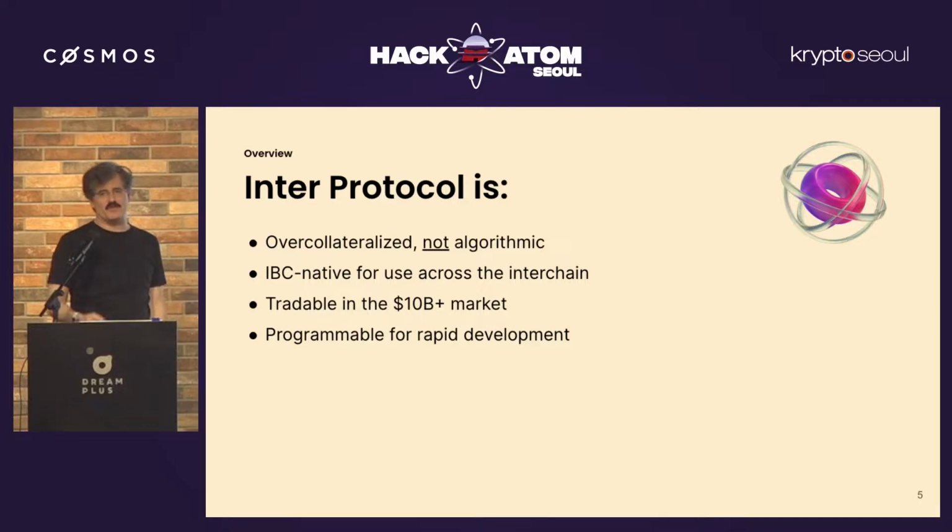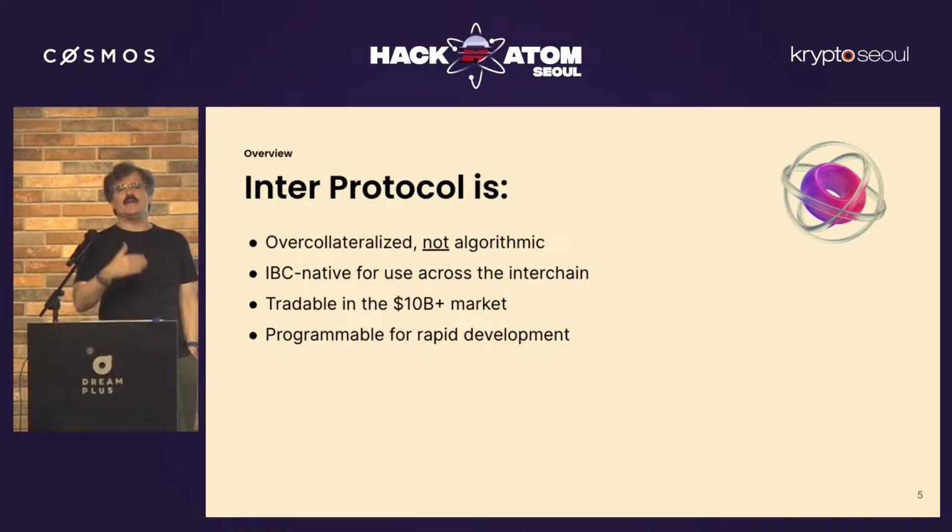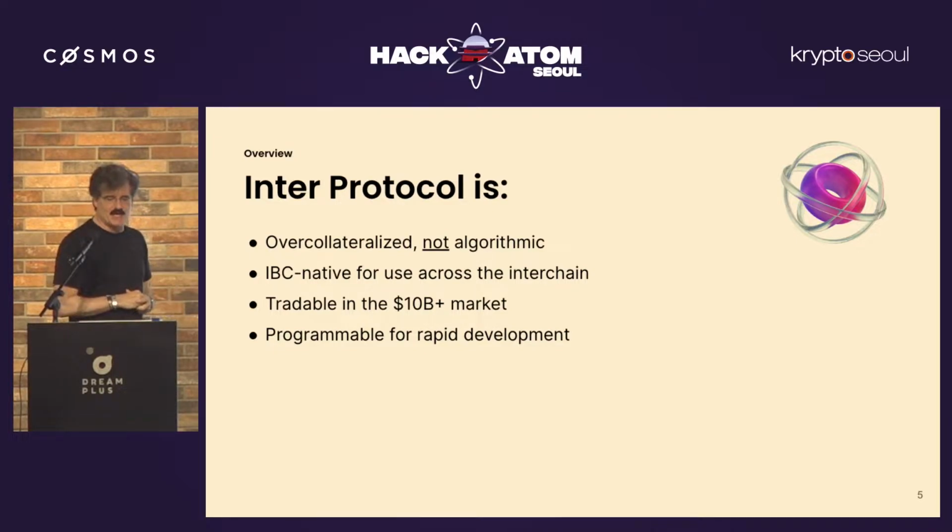So it's native to the Interchain, which means it's usable in this $10 billion plus connected ecosystem of all the chains that already are running and all the ones that you all are going to launch in the future. And because it's built in Agoric, it's extensible and evolvable so it can keep up with the changing dynamics of the market and the changing opportunities to provide higher solvency, higher assurance, lower capitalization, and so forth.